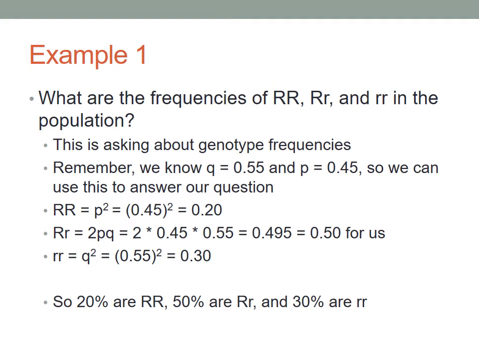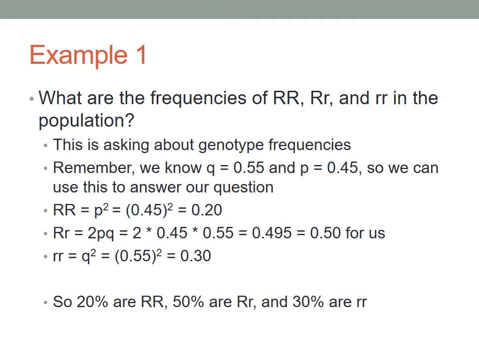So to get the number of homozygous dominant, big R, we just need to calculate P squared. So we know that P is 0.45. That means we're going to take 0.45 and square it. And our answer is going to be about 0.20.